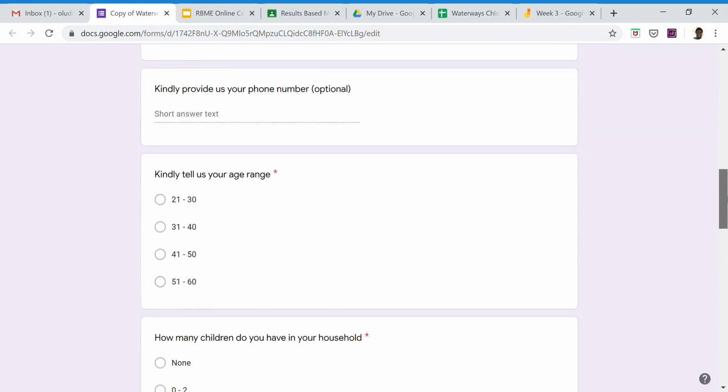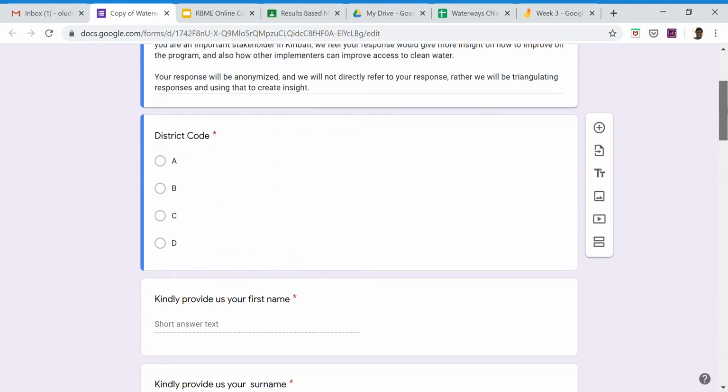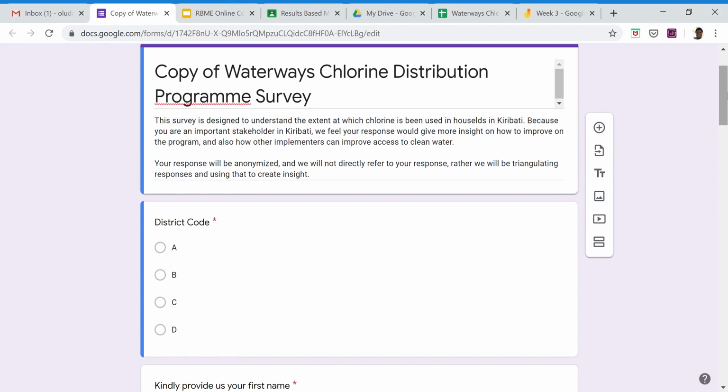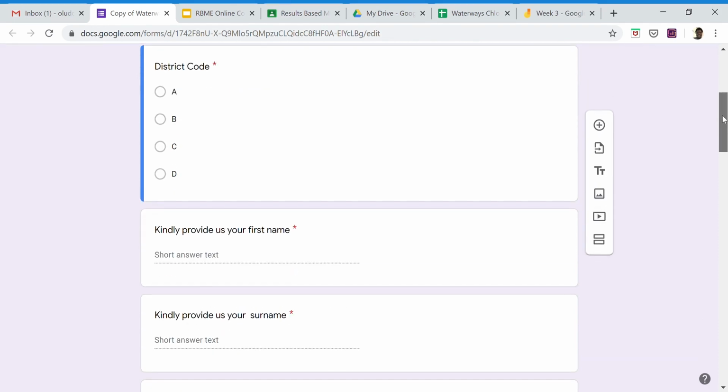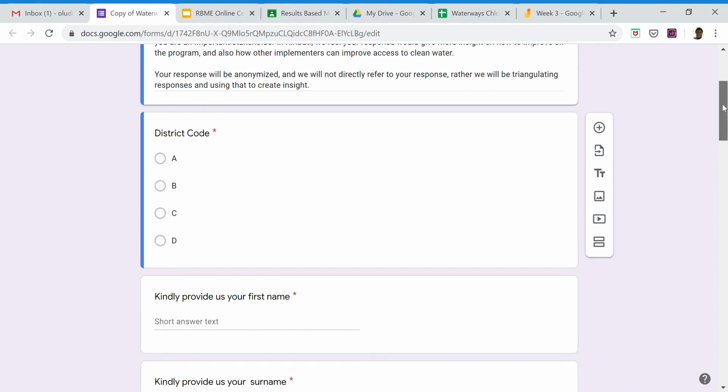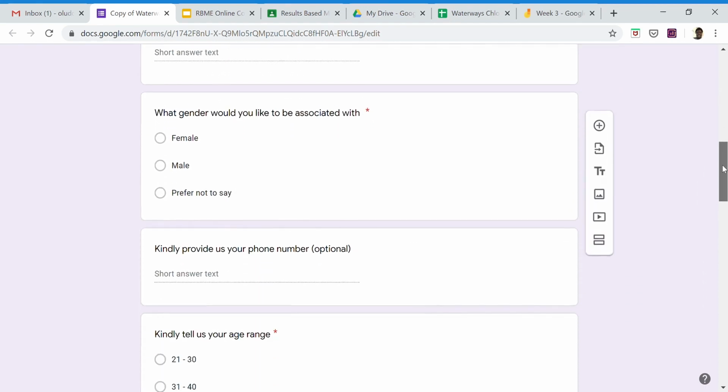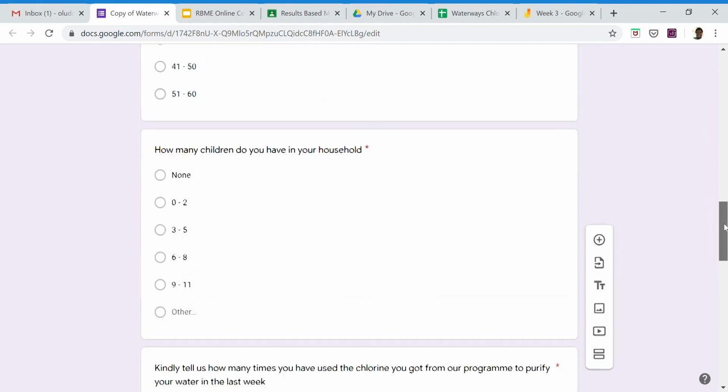You need to make sure that this instrument you're taking to the field will meet proper analysis standards. In doing that, you have to come back to this instrument and look at each question that you have in here.